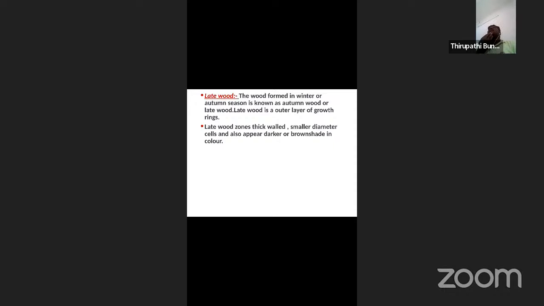Late wood is the outer layer of growth rings. The late wood zones are thick walled, smaller in diameter. Cells also appear darker or brownish color. This is the information of late wood.